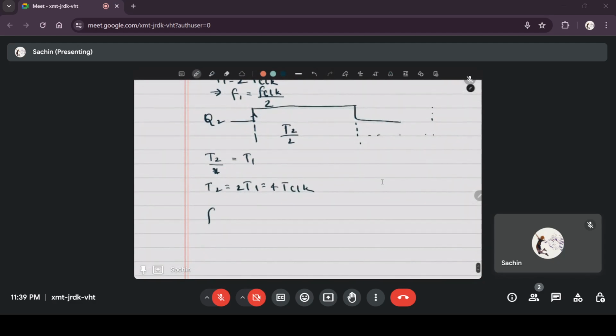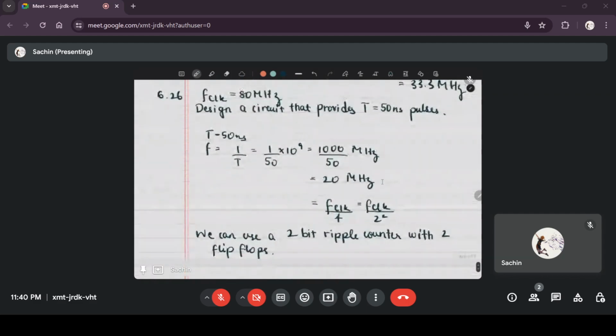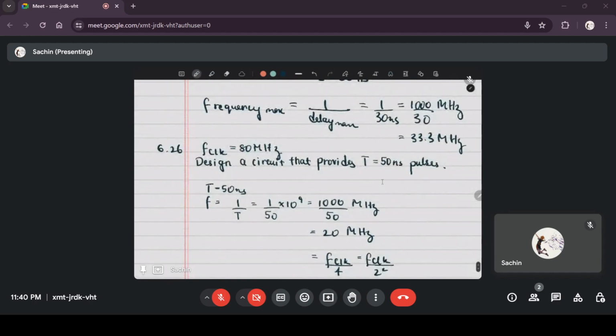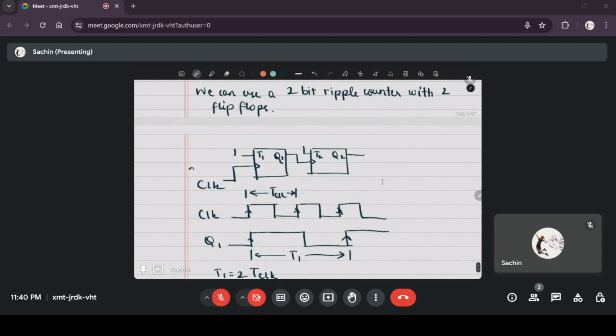So the frequency F2 is F clock by 4. So if you use the 80 megahertz clock here, you will get a 20 megahertz clock pulse.